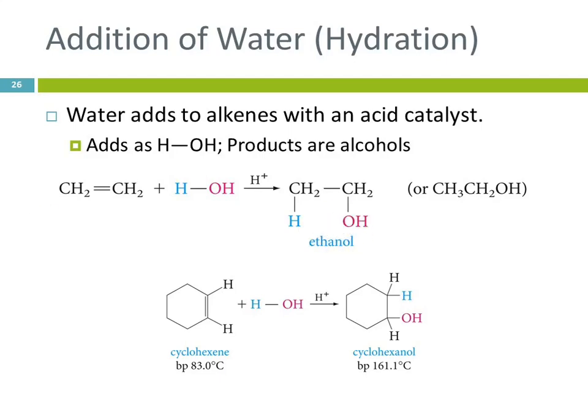So this is ethene with water added, and we have a little H plus up here because it will not happen unless there's a catalyst. And then we end up with ethanol. Here we have cyclohexene. They wrote the H's out just to show you what's happening when we're adding the water, and the hydrogen adds to one side of the double bond, the OH adds to the other, and we end up with an alcohol with that OH group on there.